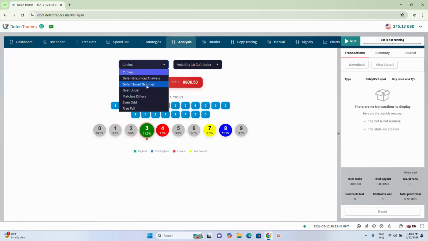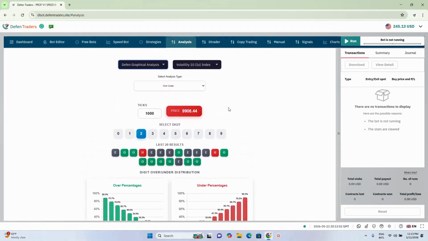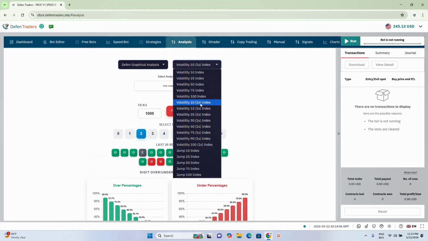So unakujanga hapa, okay? Here we have the graphical, and the graphical is usually based on different market strengths at a specific time. So with the best knowledge when it comes to these markets, you can always trade.